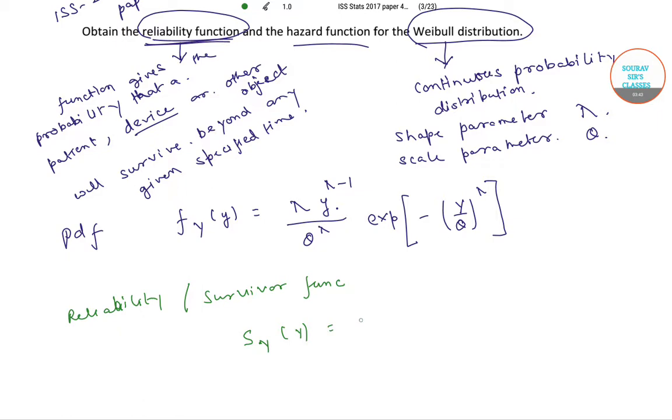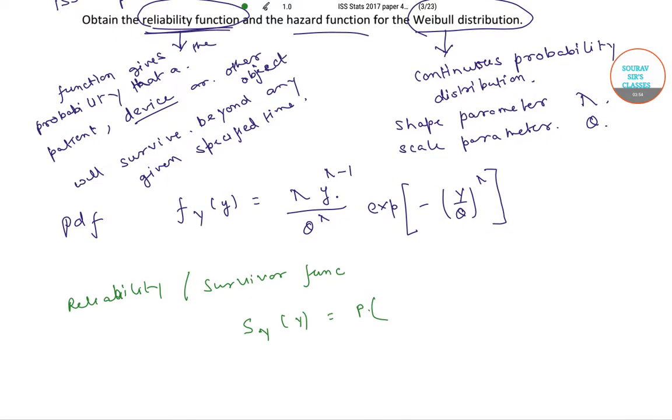This is equal to the probability that the object under consideration will survive beyond time y, that is capital Y is greater than small y.